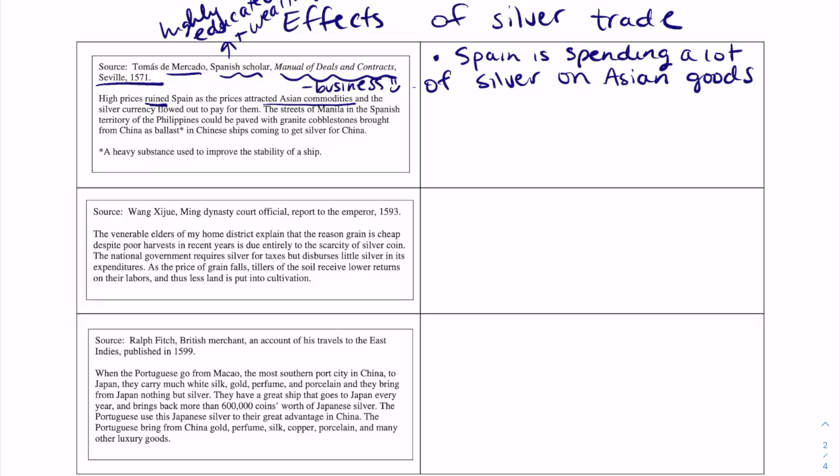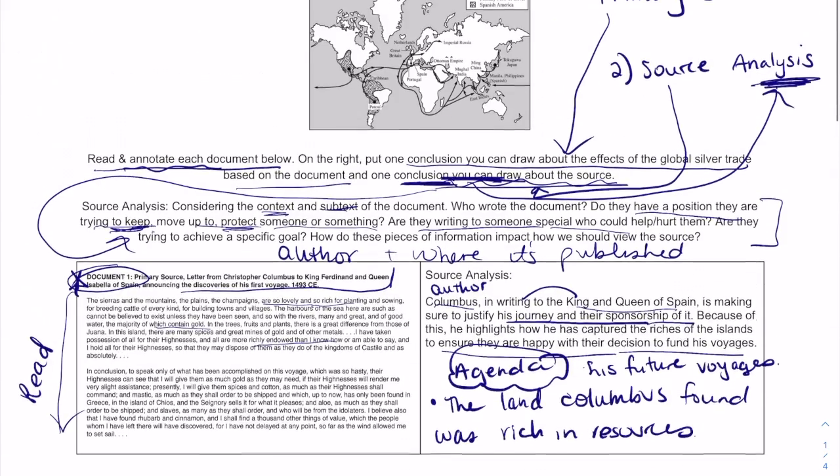The streets of Manila in the Spanish territory of the Philippines could be paved with granite cobblestones brought from China as ballast, and Chinese ships coming to get silver for China. So that's how much China is offloading in the Philippines, and they're getting lots of silver. There are a few conclusions I can draw, some analysis about what this document shows that silver is doing.